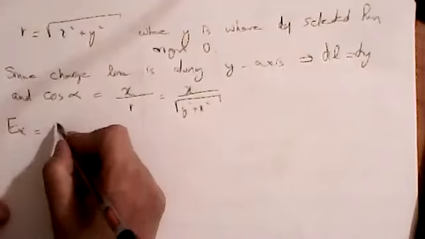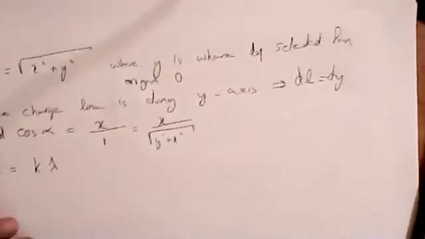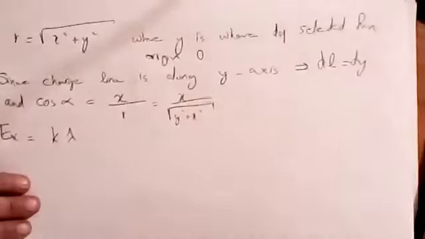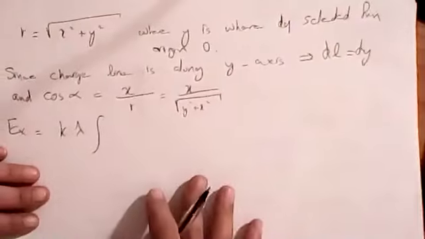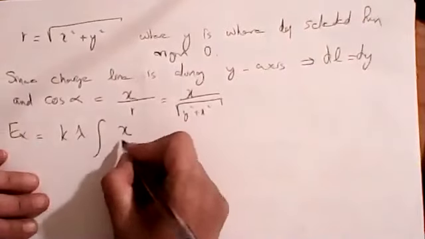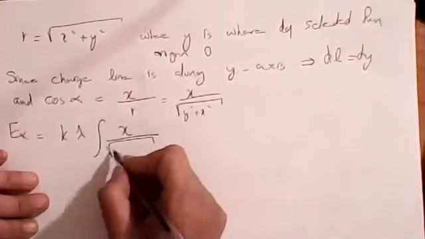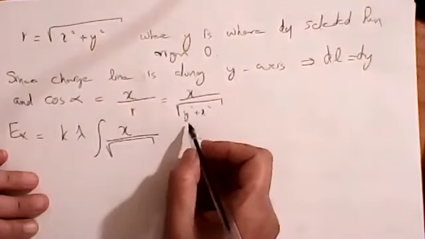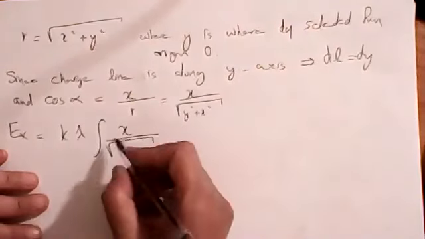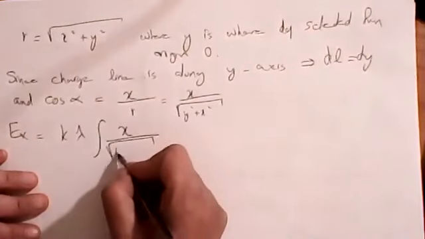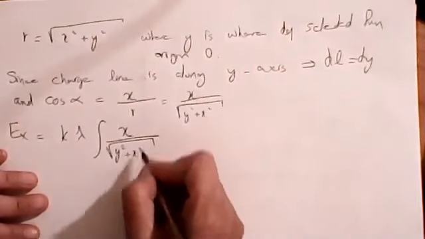This implies Ex is k lambda, which was outside the integral, k and lambda, cosine alpha dl over r square. So cosine alpha, which is x over radical, I'll put the variable first, y square plus x square.